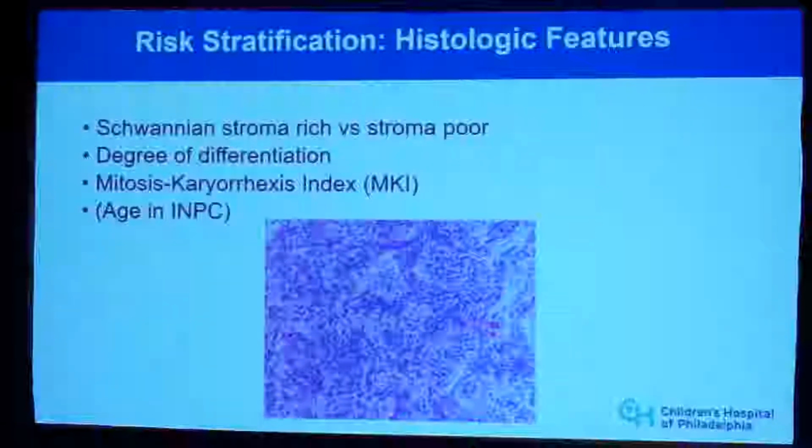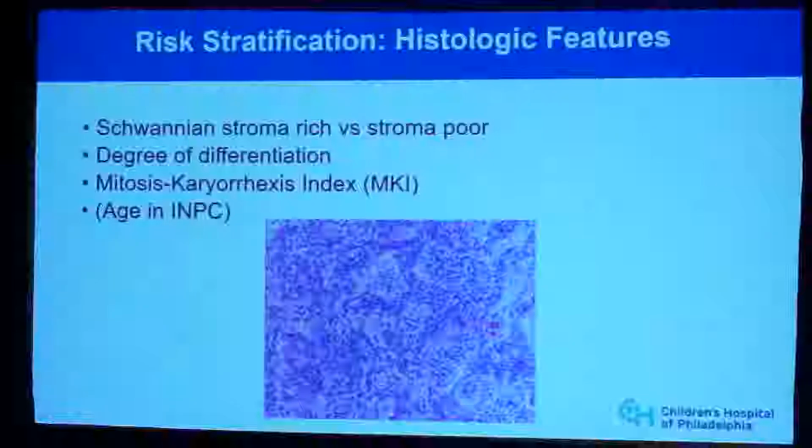The next feature that is used for grouping of patients in terms of risk is histologic features. And throughout the world, we all look at stroma rich, stroma poor, degree of differentiation, and in some areas there's more emphasis on mitosis karyorrhexis index.